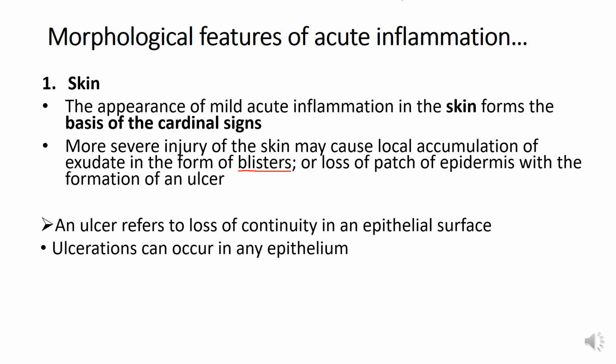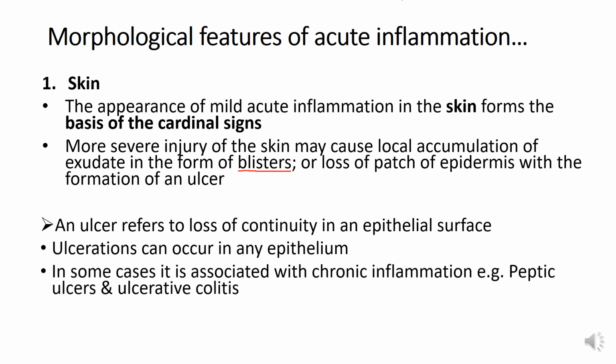This can happen in any area where there is epithelial lining. And sometimes ulcerations occur as a manifestation of chronic inflammation. For example, patients who suffer peptic ulcer disease or ulcerative colitis have developed ulcerations because of chronic inflammation. Okay, so let us carry on.